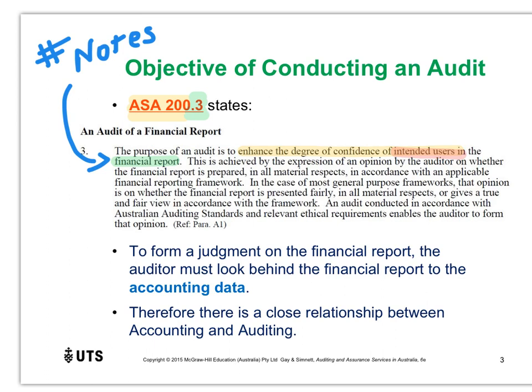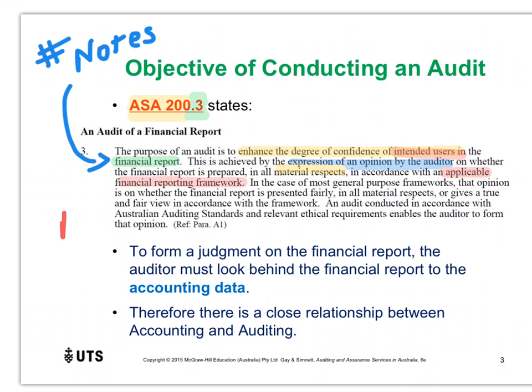By checking that information and providing an opinion or a conclusion, we are essentially increasing the reliability and credibility of this information. And that's why the following sentence goes on to say, this is achieved by an expression of an opinion by the auditor. Remember, that's the audit opinion contained within the audit report on whether the financial report is prepared in all material respects, and I'll come back to that, in accordance with an applicable financial reporting framework.